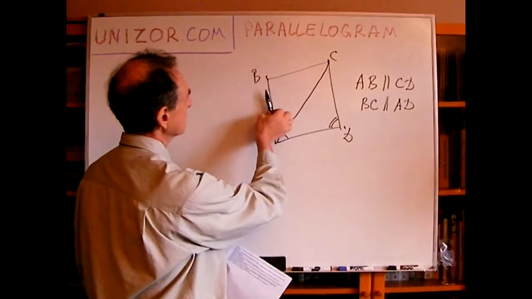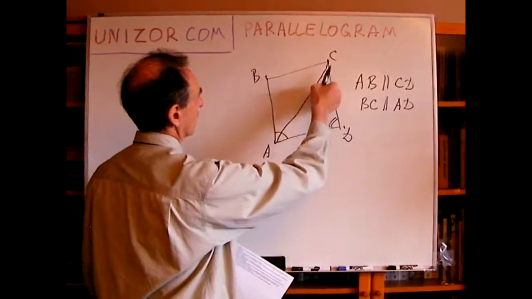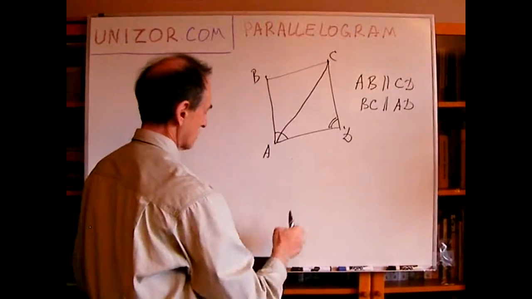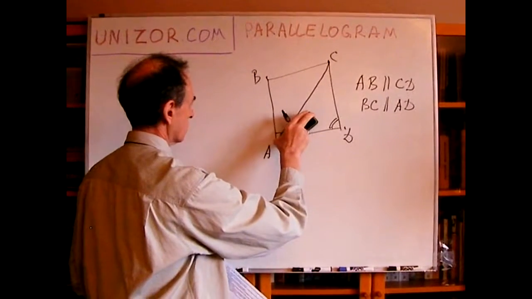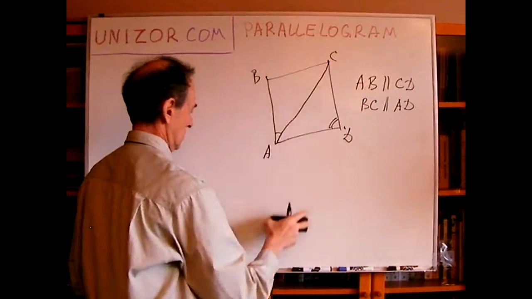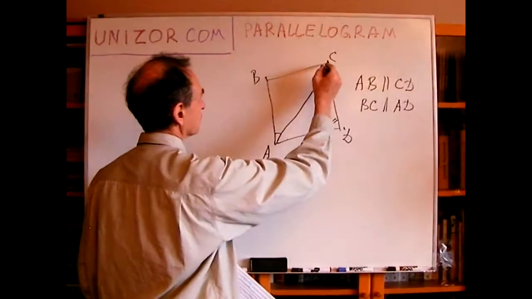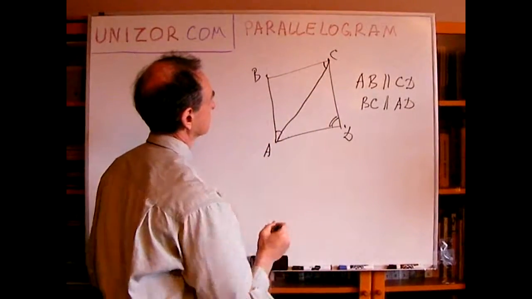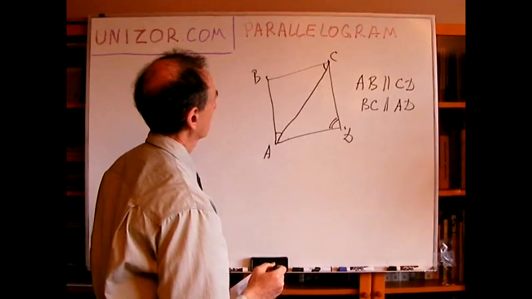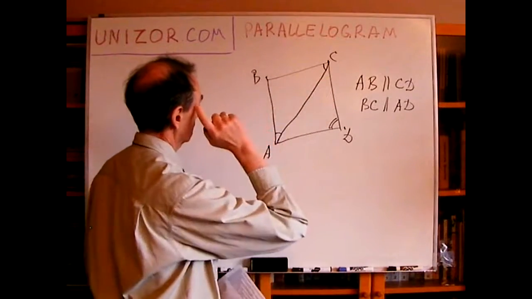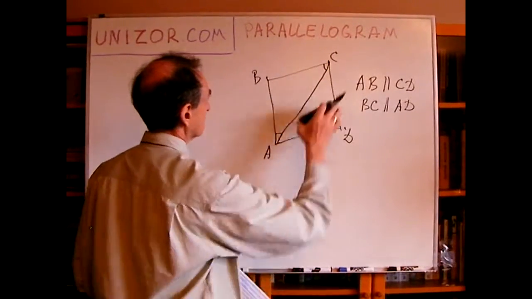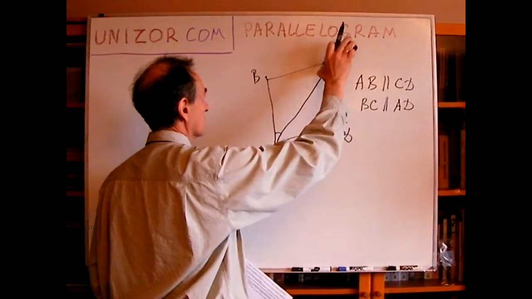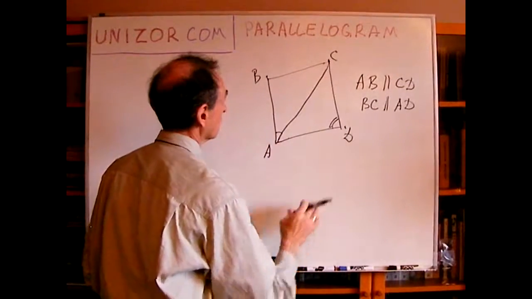Now, what can we say about these two triangles? Well, since these are parallel, consider this as a transversal, which means that this angle is congruent to this angle. Sorry, to this angle. I see that something is wrong, to this angle.